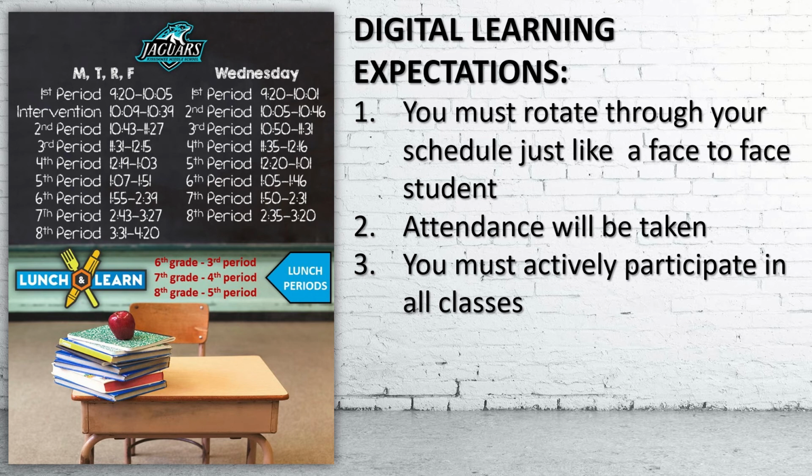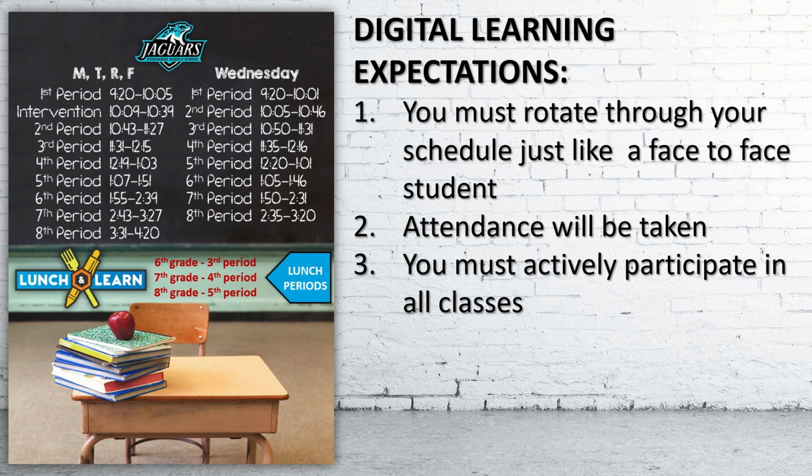The only periods that are the exception, obviously, are your lunch periods. If you are a sixth grade student, your lunch period will be third period. If you are a seventh grade student, your lunch period will be fourth. If you're an eighth grade student, your lunch period will be fifth period. And of course, the schedule is different on Wednesday because Wednesday is an early release day and school ends at 3:20.